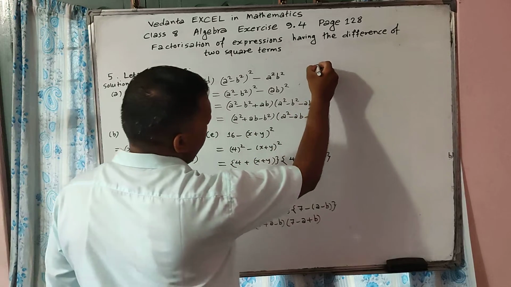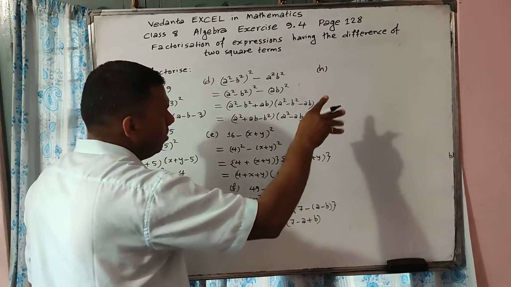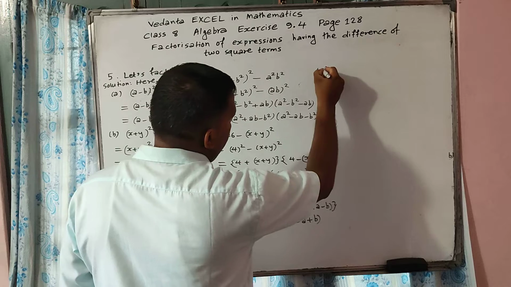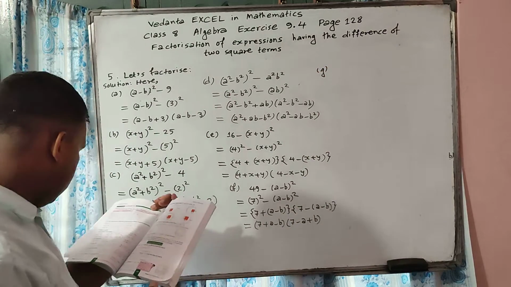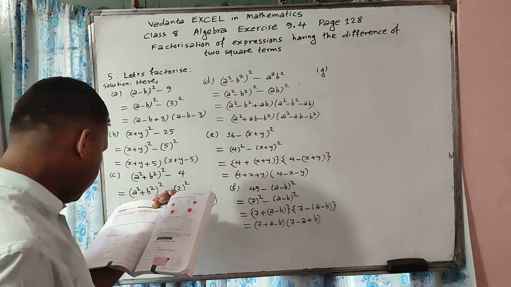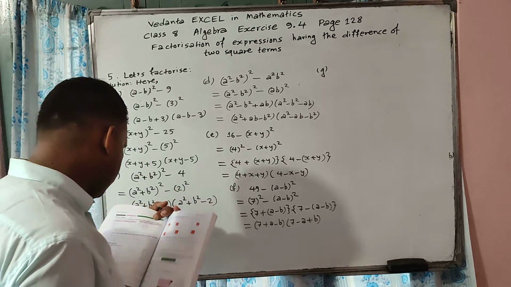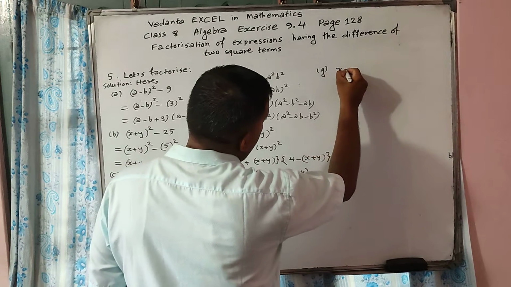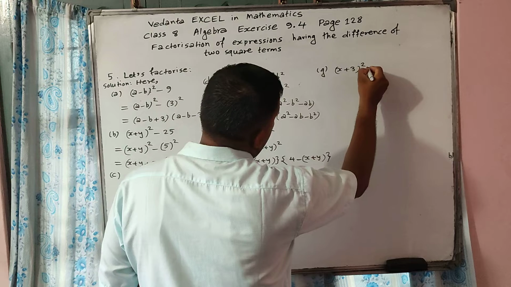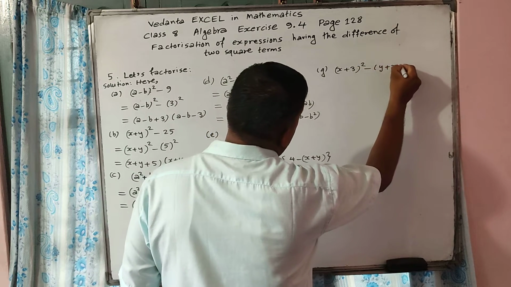For G, we have (x plus 3) whole square minus (y plus 2) whole square.